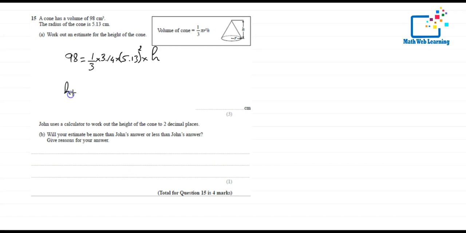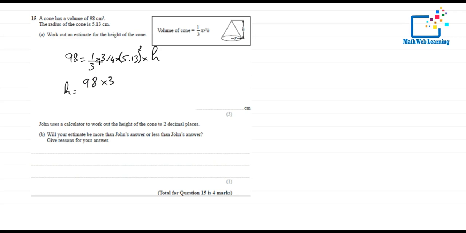So h is equal to... In order to make h the subject, we're going to use the inverse operation. Start with the inverse of divided by 3, so it becomes times 3. So basically 98 times 3.